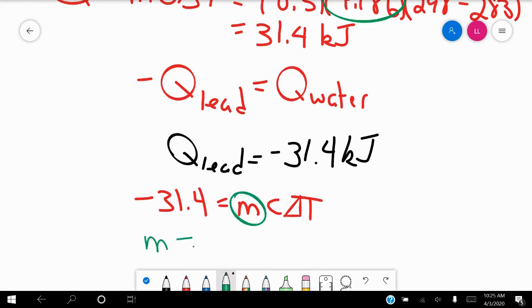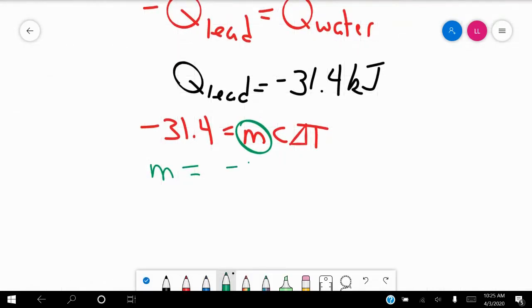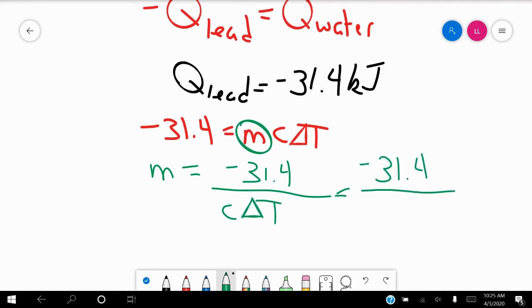So the mass is going to be negative 31.4 divided by c delta T. So we have negative 31.4 divided by the c of lead, which is 0.128. And then we have that it started at 350 and it ends at 298.